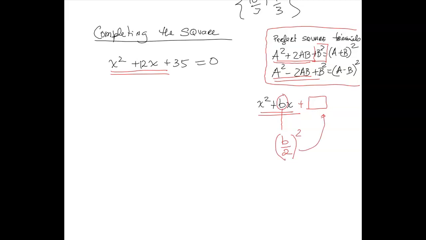And that's going to be your third term. And that's it. That third term is b over 2 squared. Okay? And then if you want to factor it, you can use the b over 2. The first term would just be the square root of x squared, which is x.